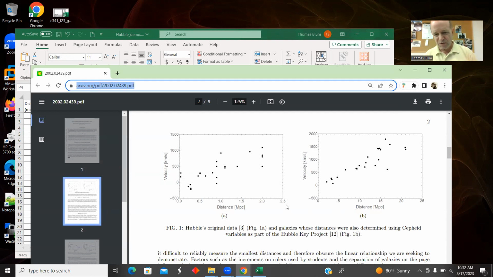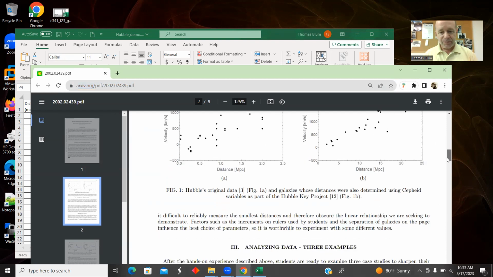So this is going up to 2.5, this is going up to 25. It's about 10 times bigger, this scale. And you can see it lining up a little bit better as we get more data, so that as we learn more, this initial idea of this linear relationship got better.